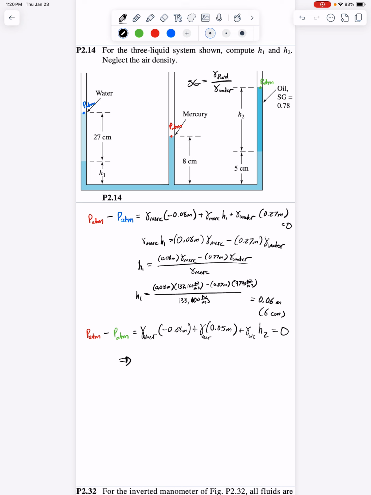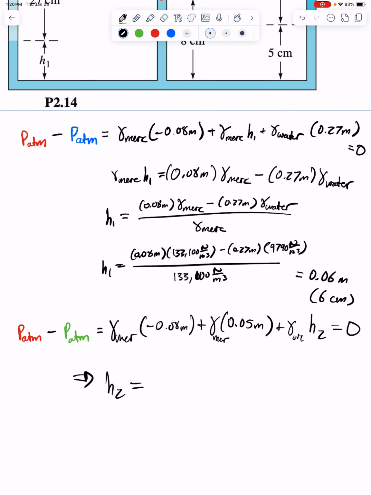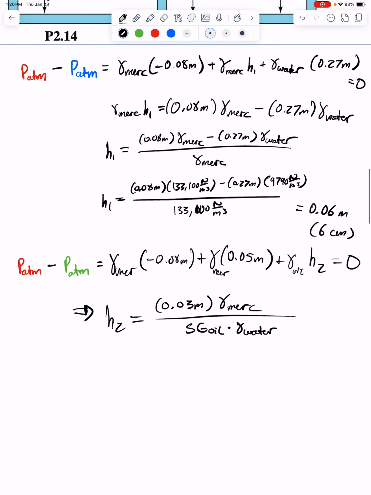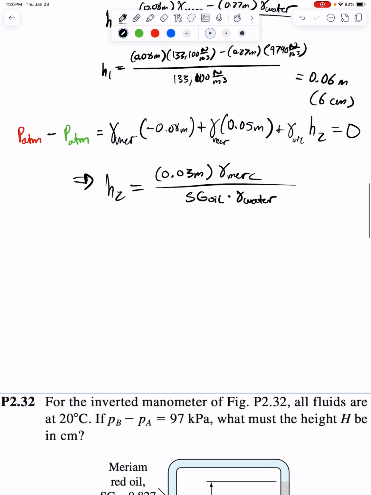Isolating for H2, I get 0.03 meters, once I move everything over, times specific weight of mercury, divided by specific weight of oil, which I can break down to be specific gravity of oil multiplied by specific weight of water. That's based on the definition of specific gravity.